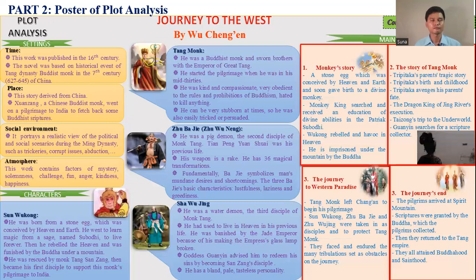After we read this work, we can see that this work portrays a realistic view of the political and social scenarios during the Ming Dynasty, such as trickeries, corrupt issues, abduction, etc.